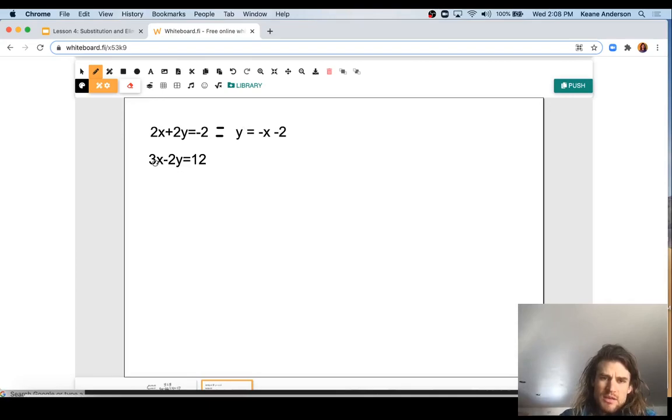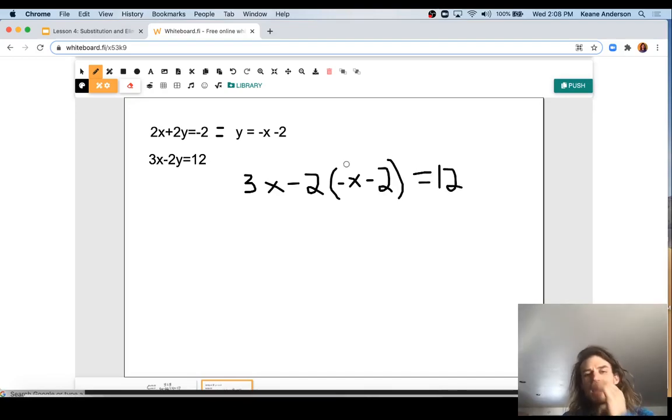So what I'm going to do now is take this one, 3x minus 2y, and instead of writing y, I'm going to write negative x minus 2. And that of course equals 12, right? So I'm again using the substitution method. In this case, I'm substituting y for negative x minus 2. First thing we need to do here is a distribution.